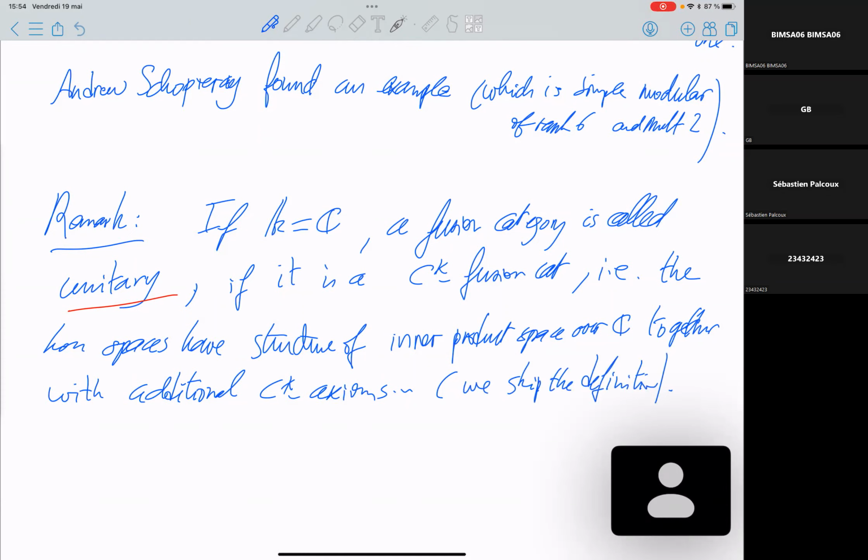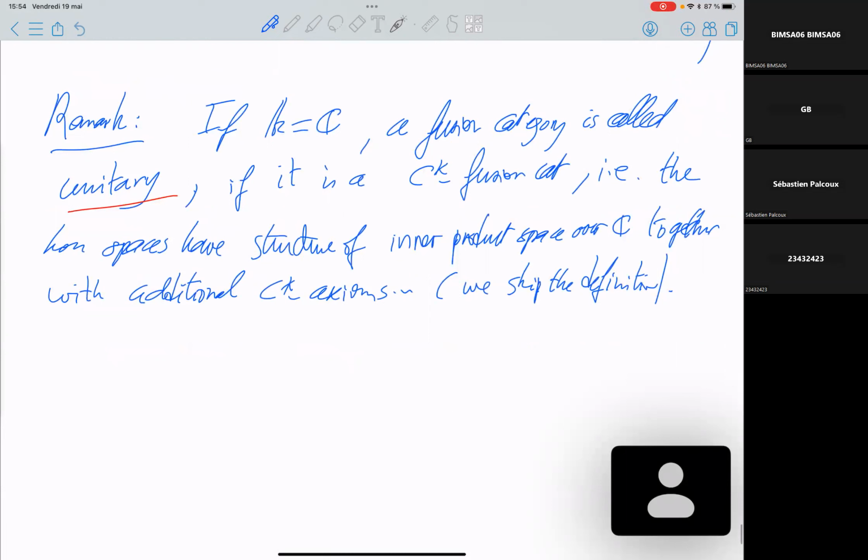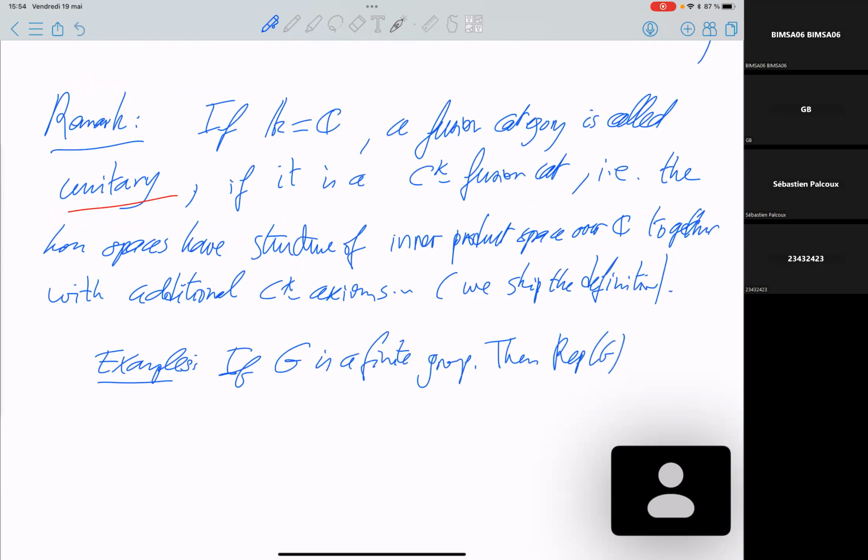The point here is that, for example, again, if G is a finite group, then Rep G is unitary.